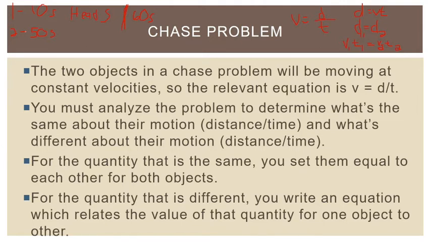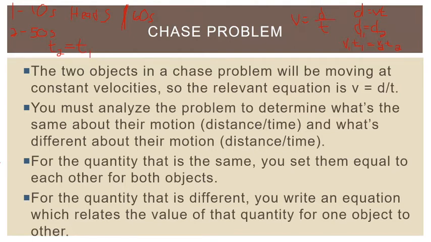So look at the 2 times we just made up here. If the one person got a 10-second head start, if they happened to be traveling for 60 seconds, that means the other person only traveled for 50 seconds. So that means that t2 is going to be related to t1 in a very concrete way, which is always determined by the head start.